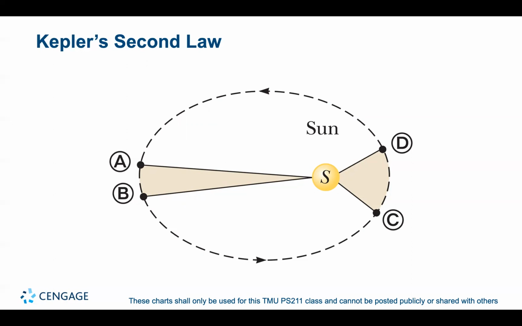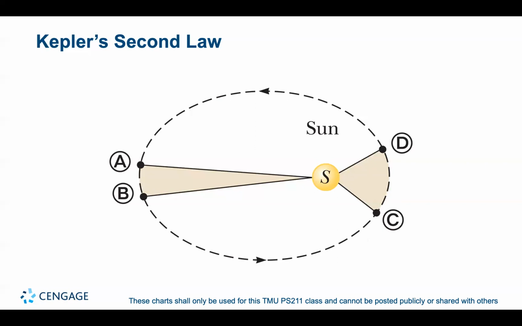Kepler's second law states that a line drawn from the sun to any planet sweeps out equal areas in equal time intervals. So these areas are always going to be the same. Since this is a longer arc, the planet goes faster from C to D than it goes from A to B, and that's one of the ways you can see that this takes place in the same amount of time.